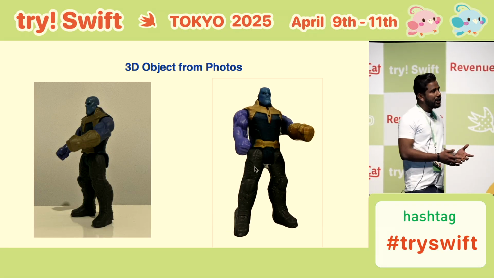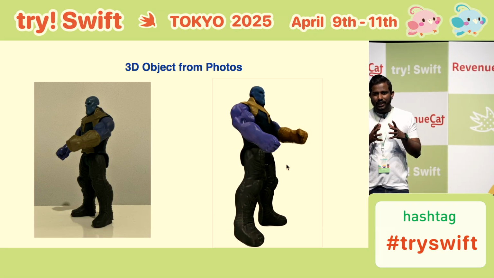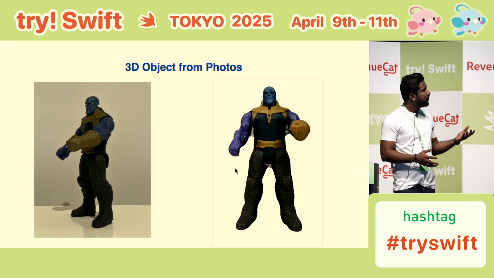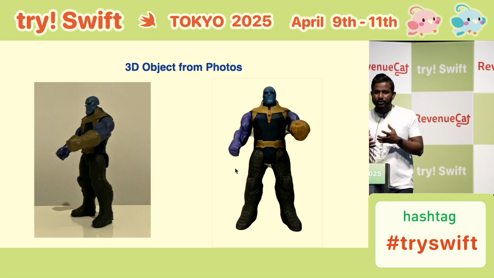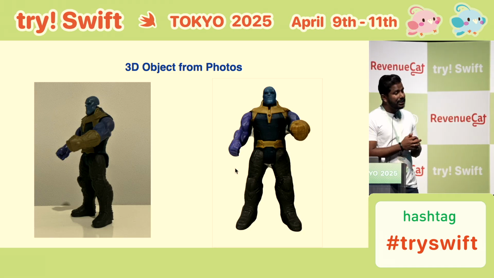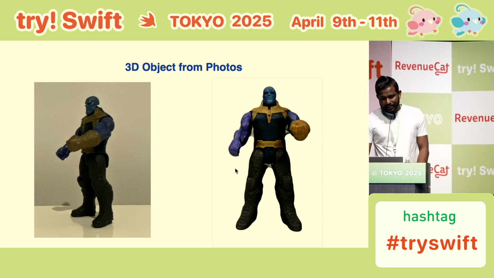If you want a more detailed object, you can use more photos with proper lighting, and a round table or something similar, and you can instantly get that type of 3D object.